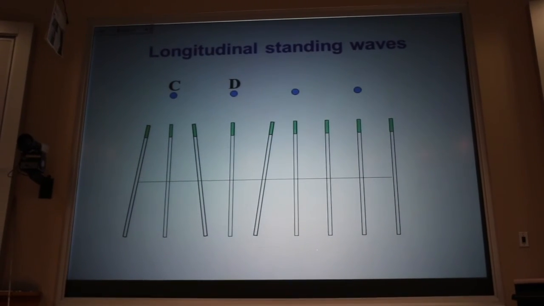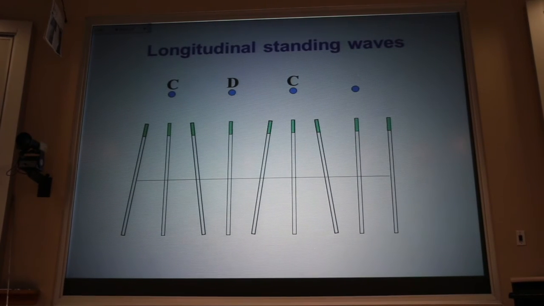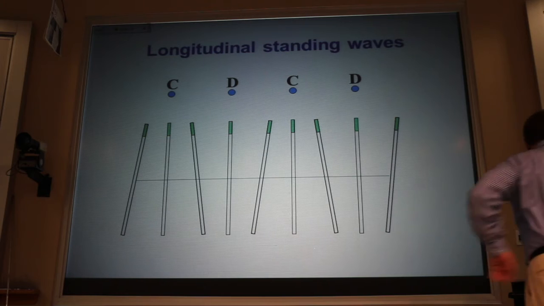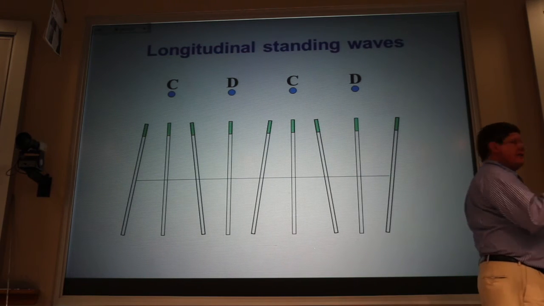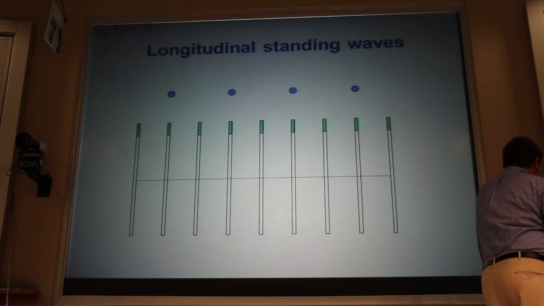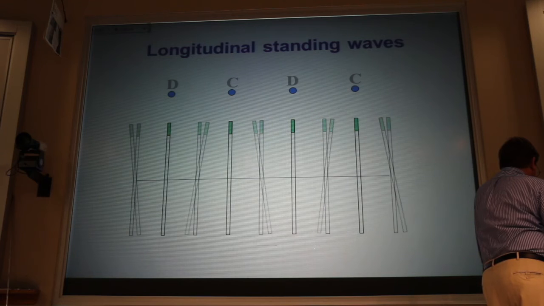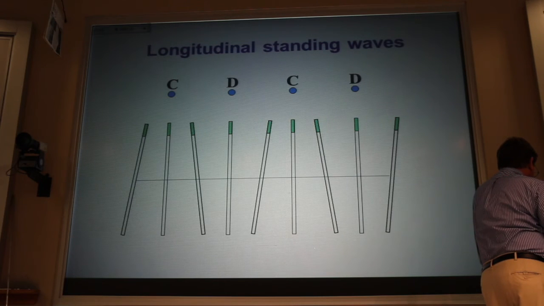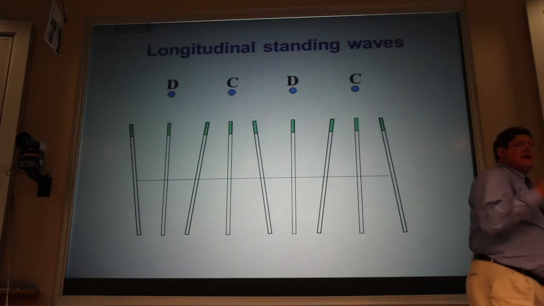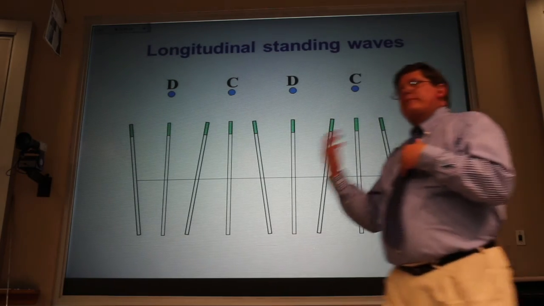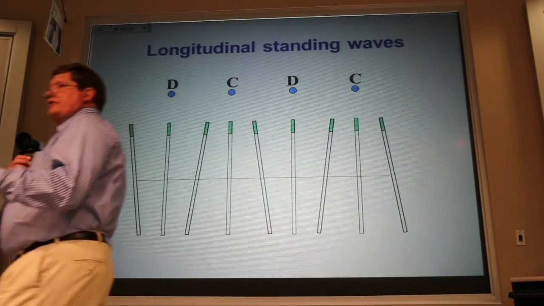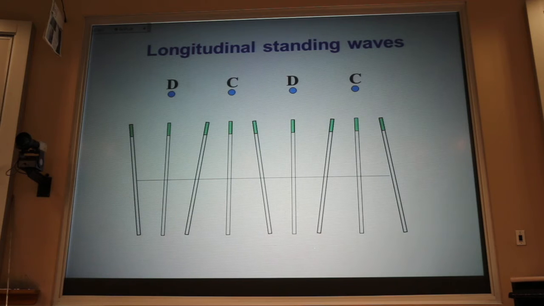And then the next neighbor is being crunched, and the last neighbor is being deserted. Now, watch what happens as this oscillation goes back and forth. Each node goes from being crunched to deserted, and then crunched again, and then deserted.